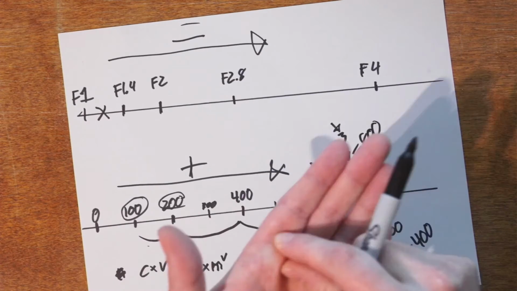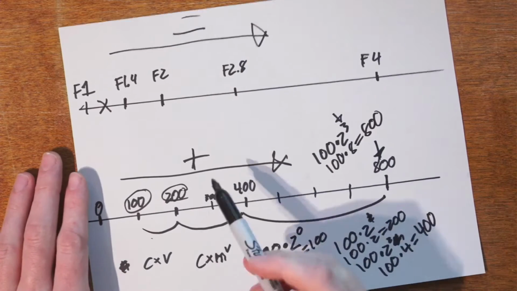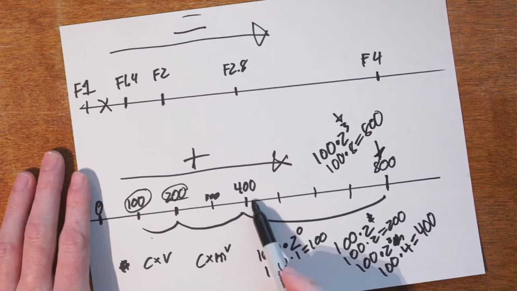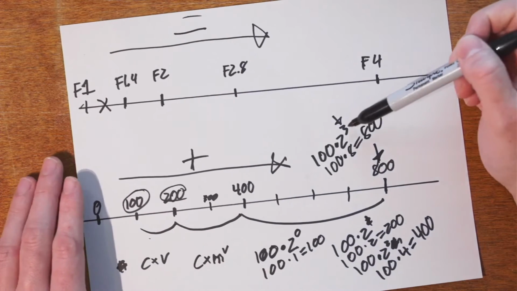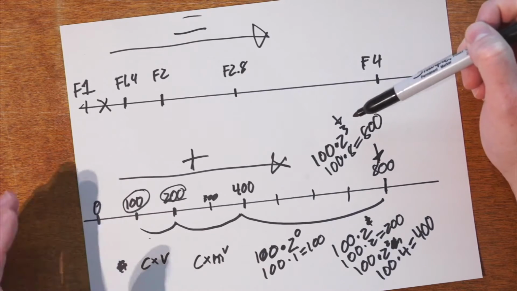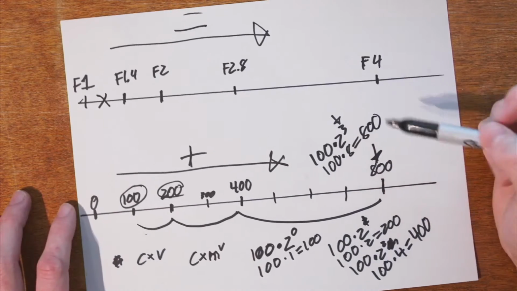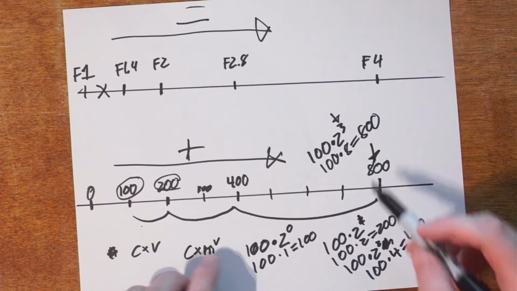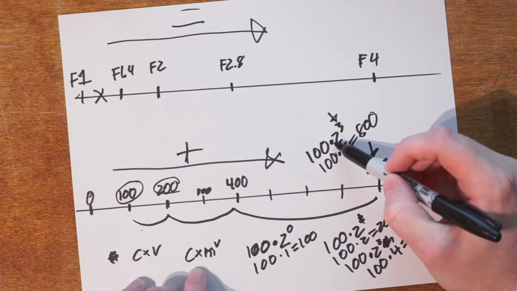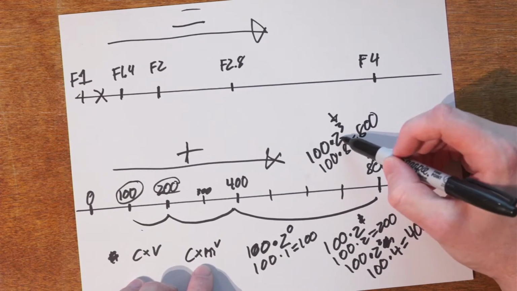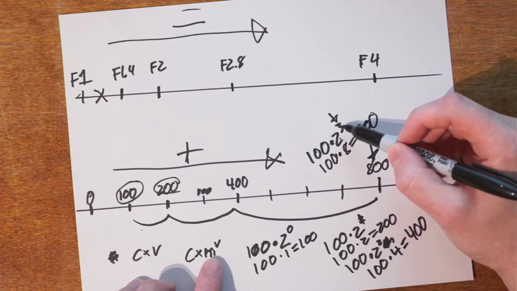So those single stop clicks on the dial are not moving us a linear amount. They are moving us that exponent amount. It's a logarithmic scale. So we are going our constant multiplied by our multiplier to our value's power.